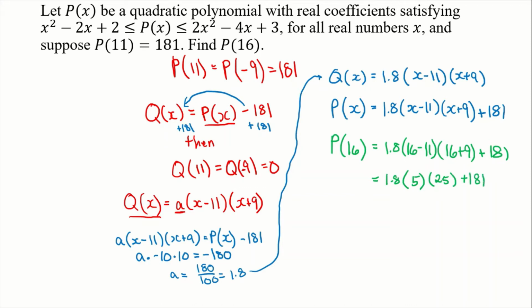Now 1.8 times 5, that's going to be 9. So this is going to equal 9 times 25 plus 181. 9 times 25 is 225, so this is going to equal 225 plus 181, and that is going to equal 406, which is our answer.